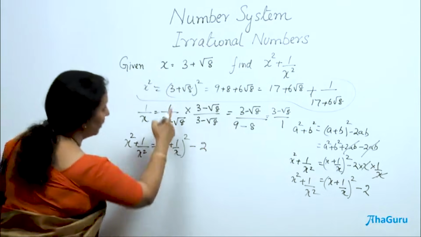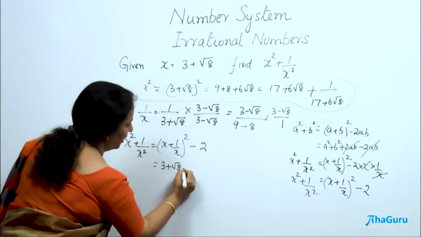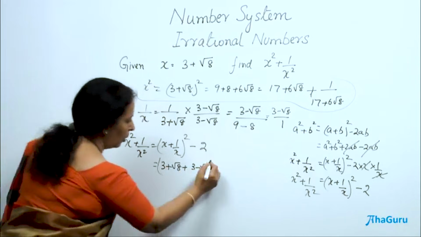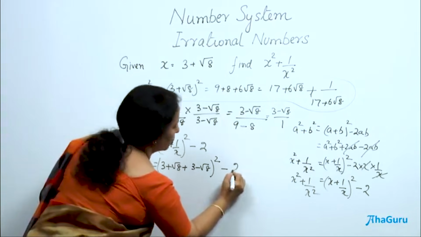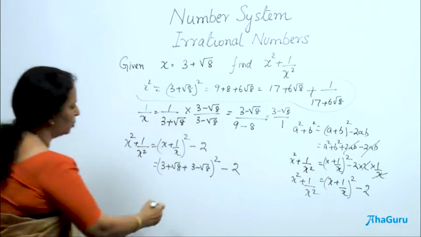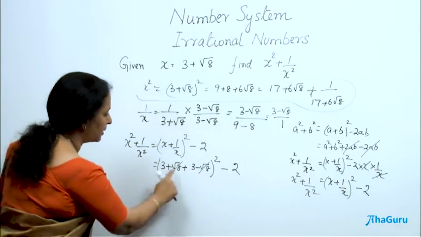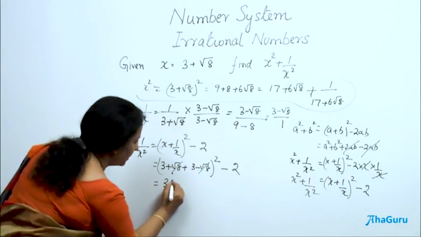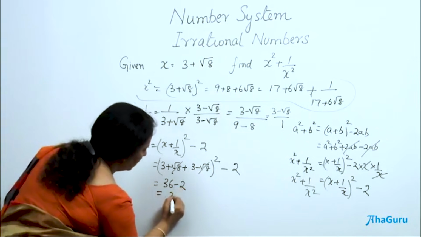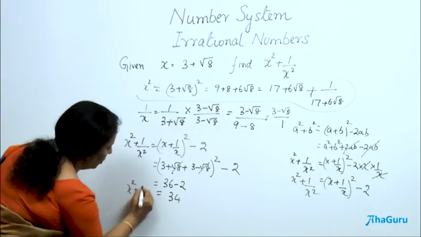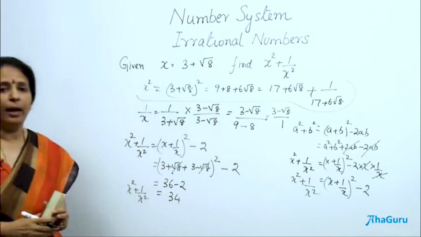So, 3 plus root 8, which is x, plus 3 minus root 8, which is 1 by x, the whole square, minus 2. Now this root 8 and root 8 get eliminated. So 3 plus 3 is 6. 6 square is 36 minus 2, 34. How easily we have got the answer using the algebraic identity.